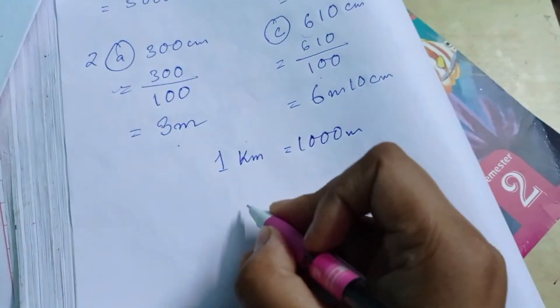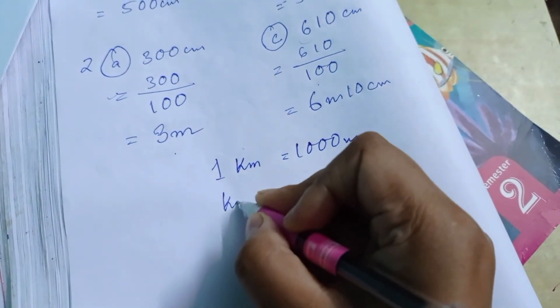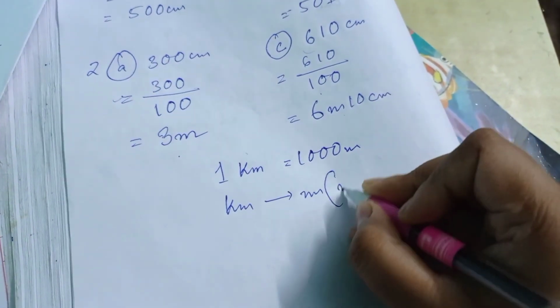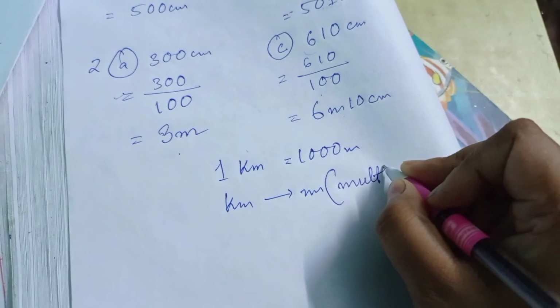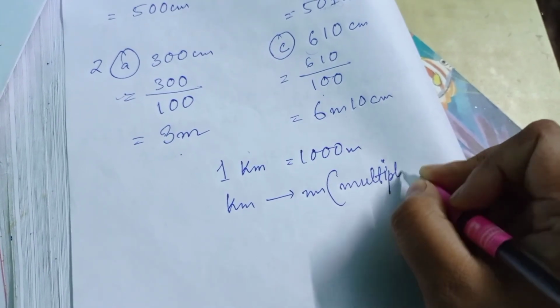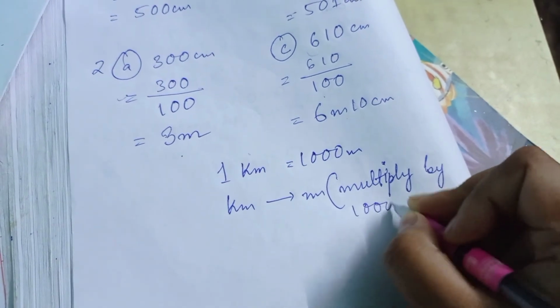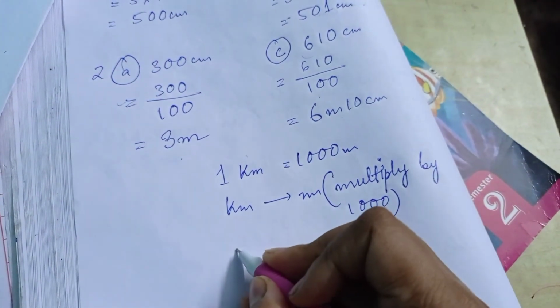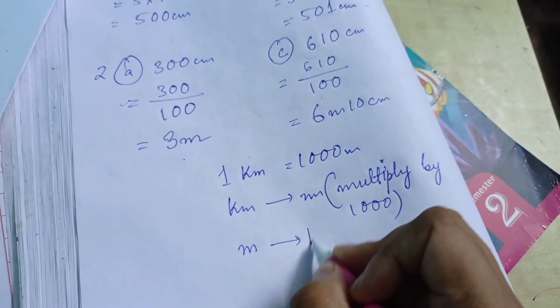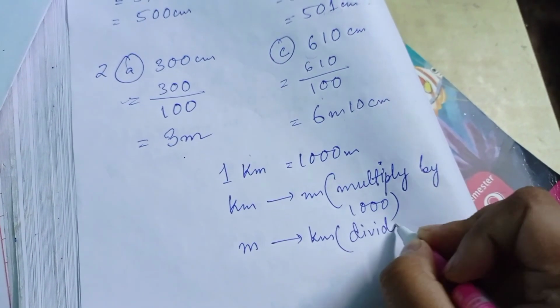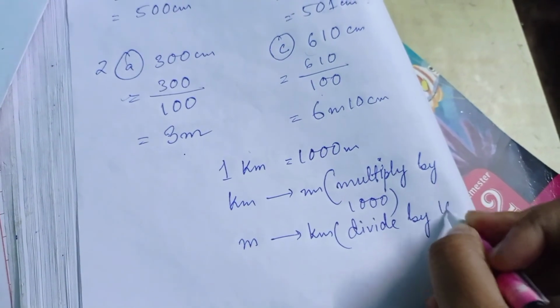So when you need to convert kilometer to meter, you need to multiply by 1000. And when you convert meter to kilometer, divide by 1000. This is the thing.